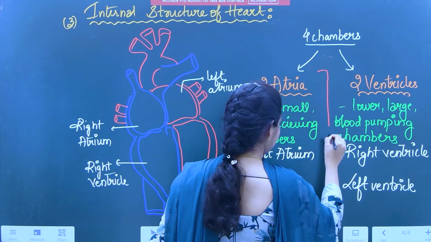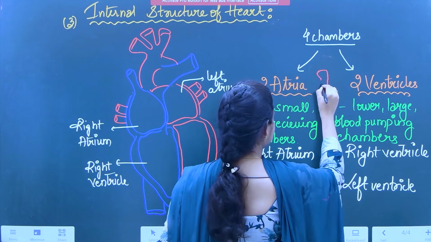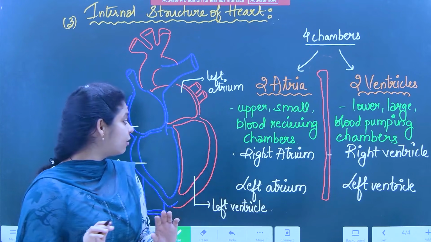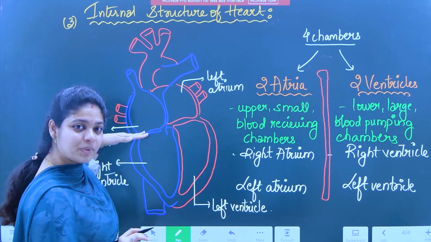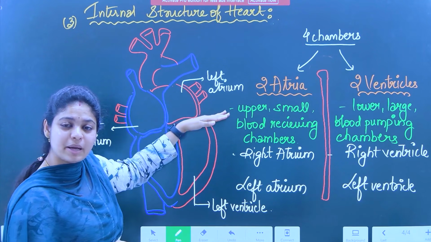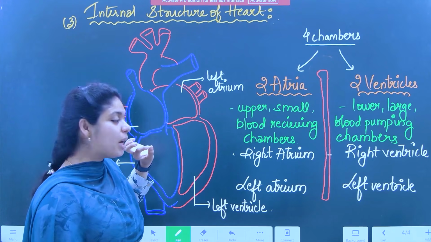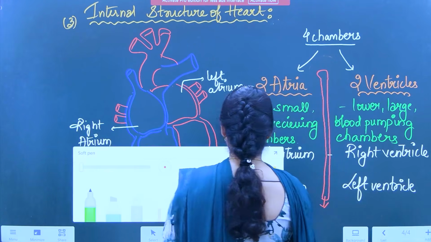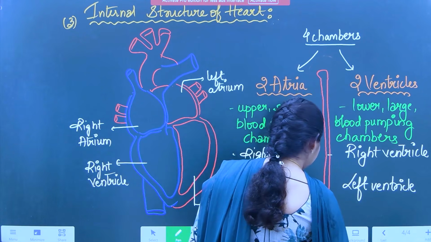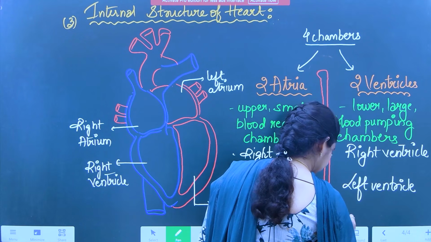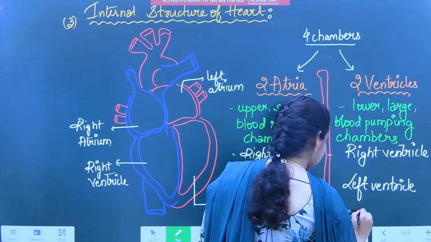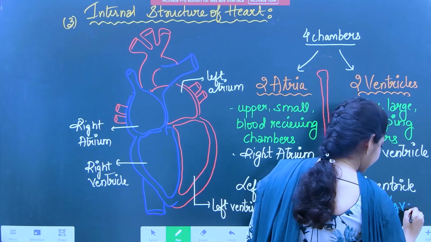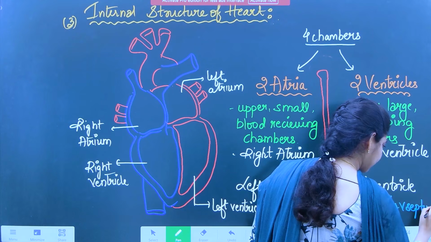Now these atria and these ventricles are being separated. Can you see this? Upper chambers are being separated from lower chambers. This is what is called a transverse groove or AV septum.